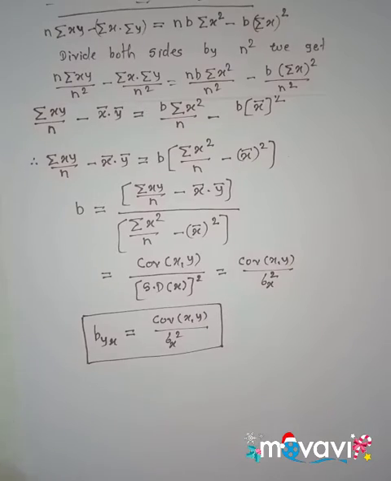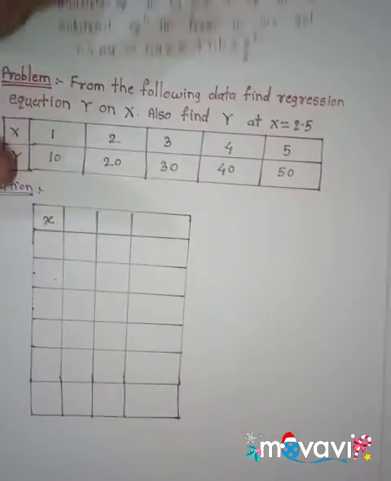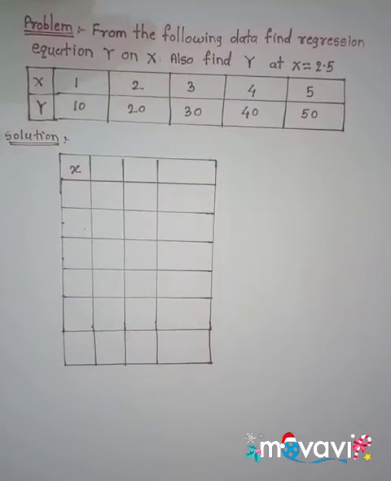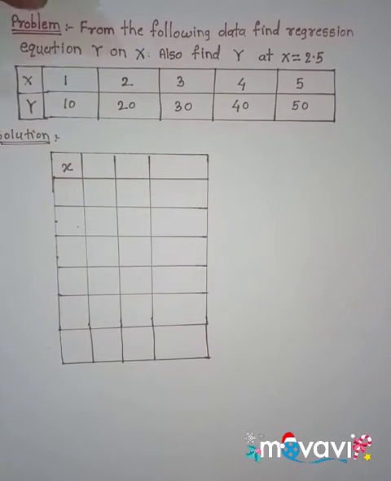Then we take one problem. Suppose this problem is given. From the following data, find regression equation y on x and also find y when x is equal to 2.5. Values of x and values of y are given.